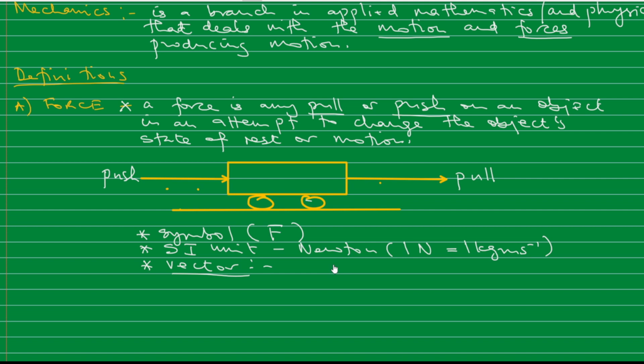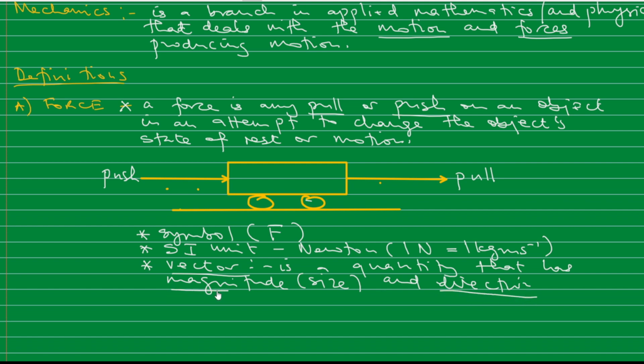A vector is a quantity that has a magnitude and direction. So when we specify any particular force, we need to state the direction in which that force is acting, as well as specify the magnitude, the size. It can be 10 Newton, 15 Newton, any size.